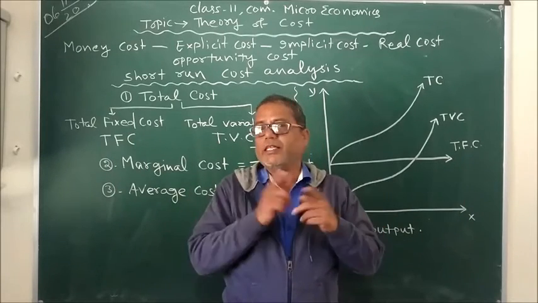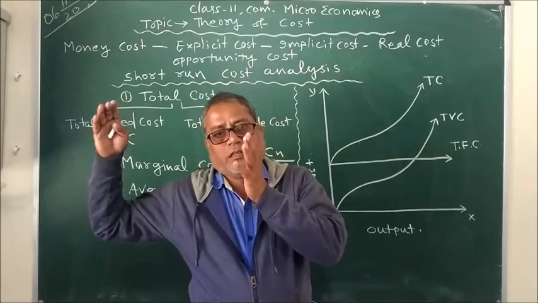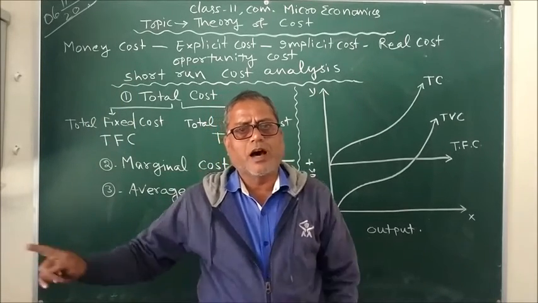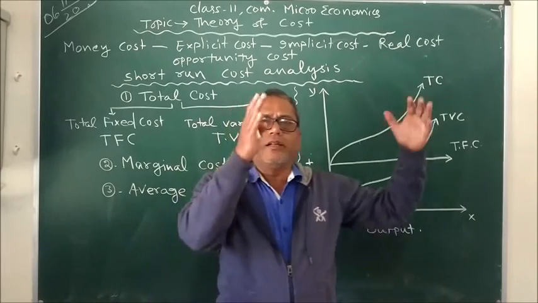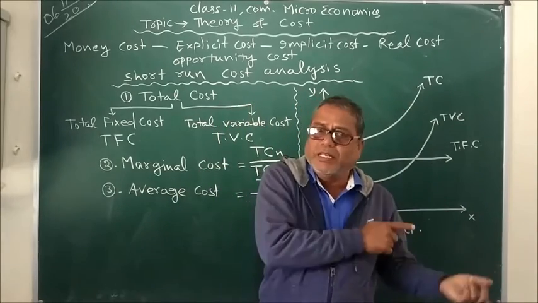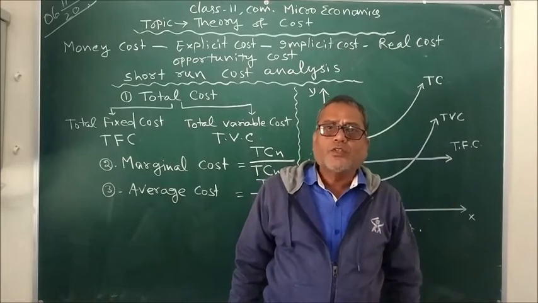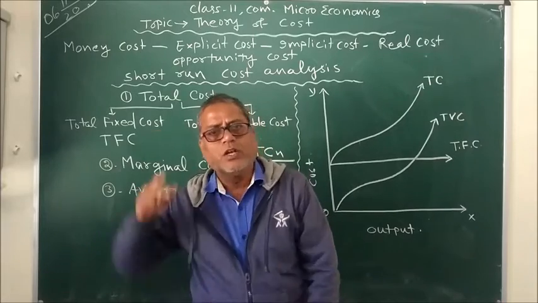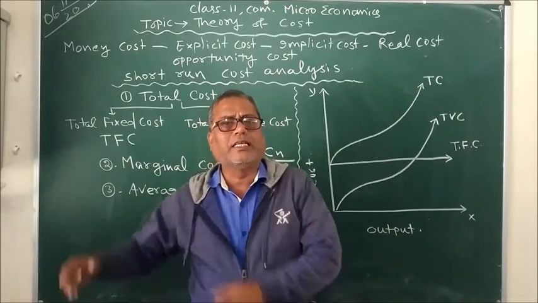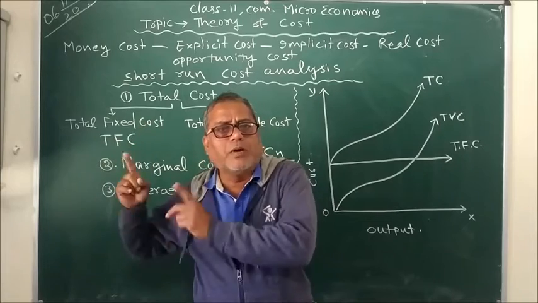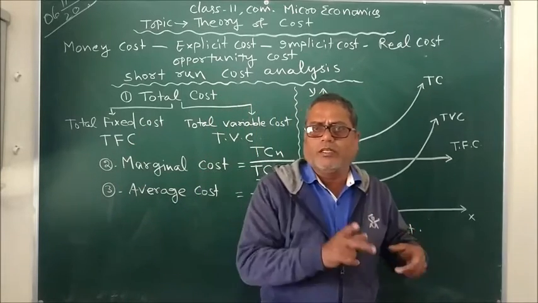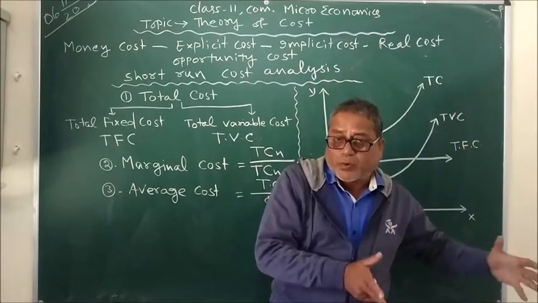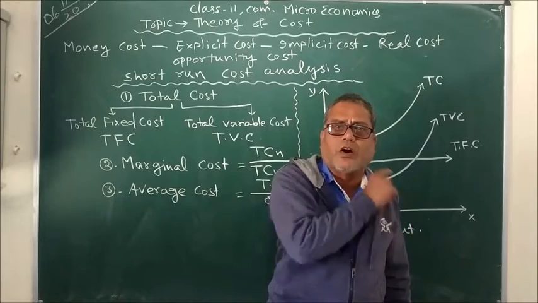So short run is characterized by a concept where some factors can be changed, called variable factors, and some factors cannot be changed, called fixed factors. So in order to purchase or hire variable factors, what amount we are spending is nothing but total variable cost. And the amount that we are spending in order to hire or purchase the fixed factor is called total fixed cost.